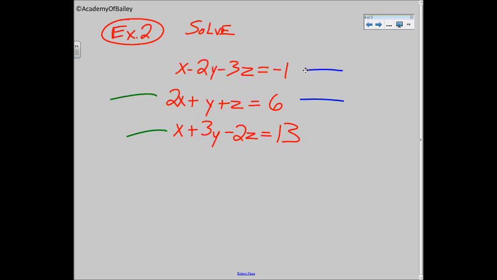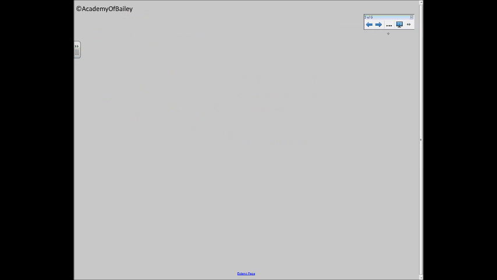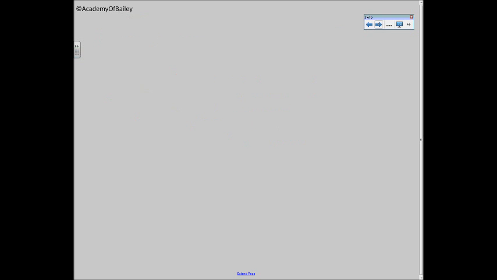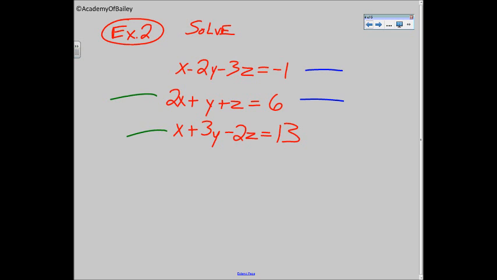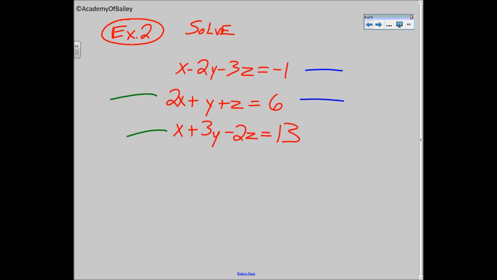So I hope you have this written down. First equation, x minus 2y minus 3z and second equation, 2x plus y plus z equals 6.